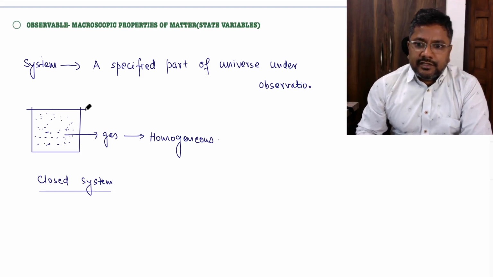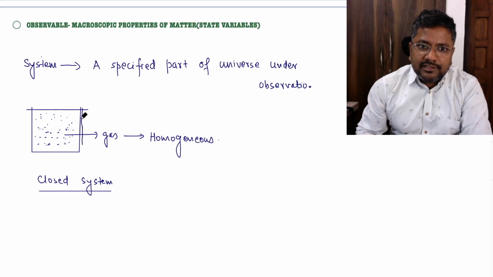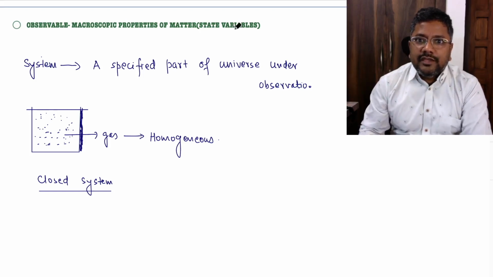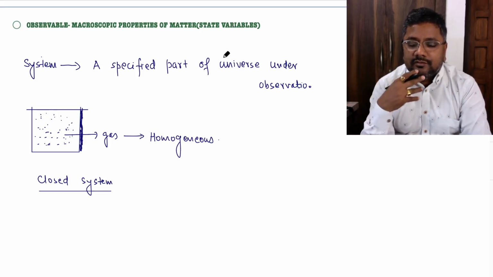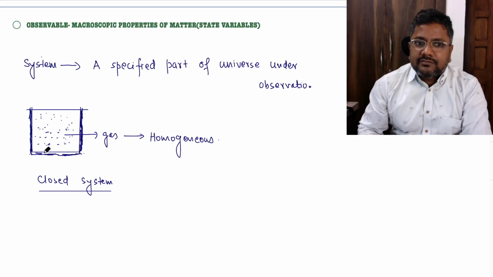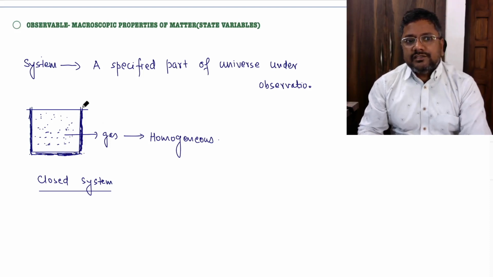See, as a science student, you also have to bother about what material the wall of this container is made up of, because this will play an important role in controlling your variables, meaning changing your variables. Every time you have to be careful which type of material we have taken. Although this is more important in thermodynamics in the next chapter, we will start thinking about these things from here.